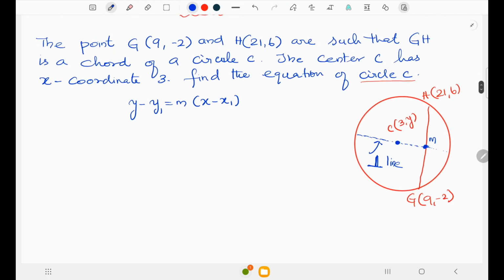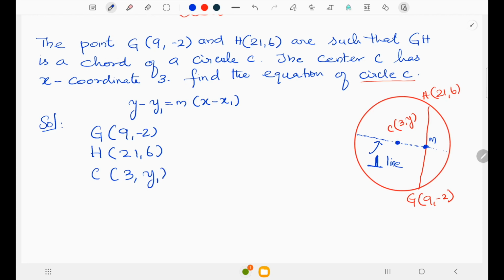Okay, now the solution. We have G is (9, -2) and H is (21, 6), and center C has x equal to 3, y is missing, y1.